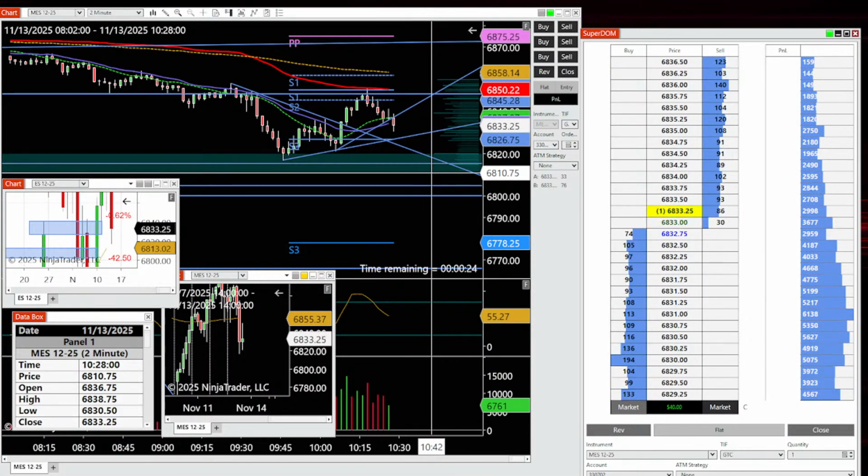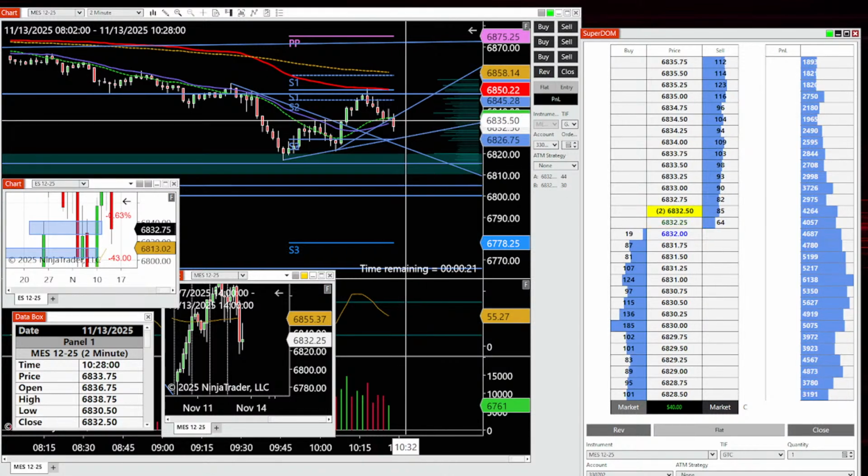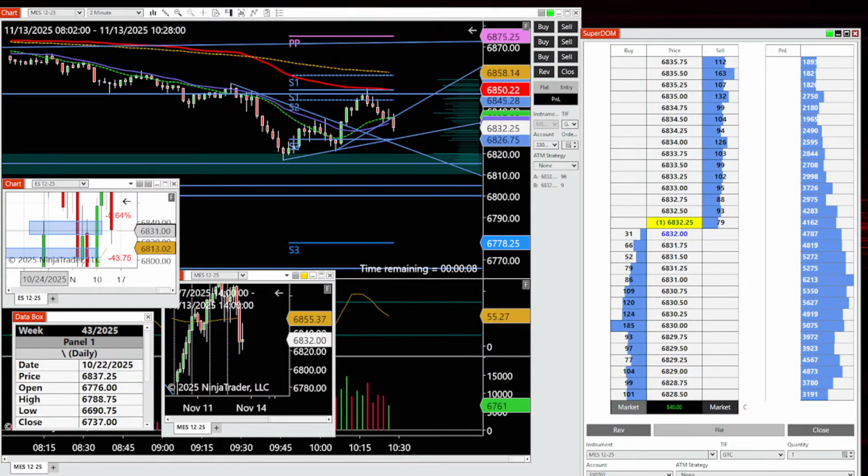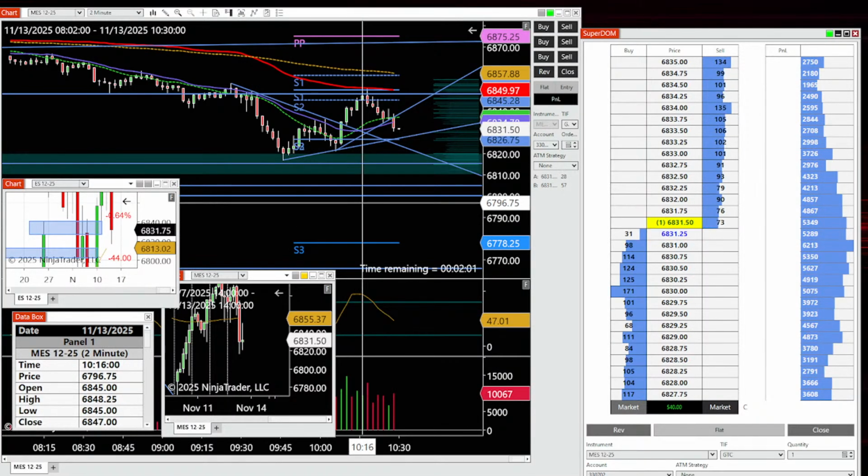At this point, not looking for real big follow-throughs, just trying to scalp some points out. And we're back into this area here between 40 and 27, between 41 and 27.